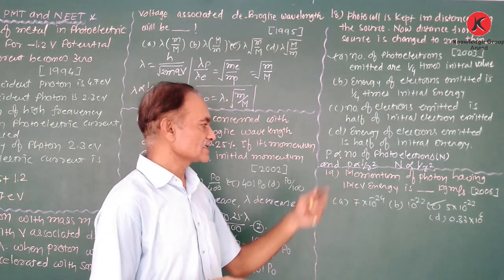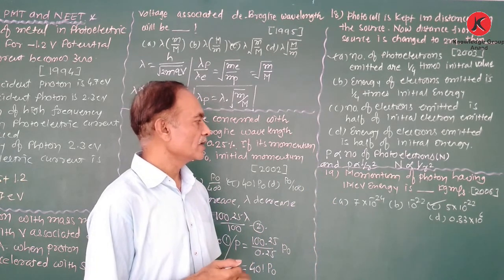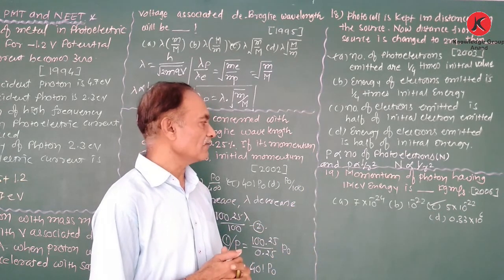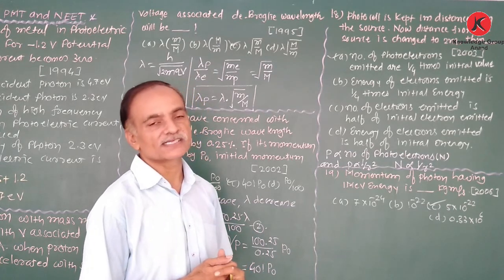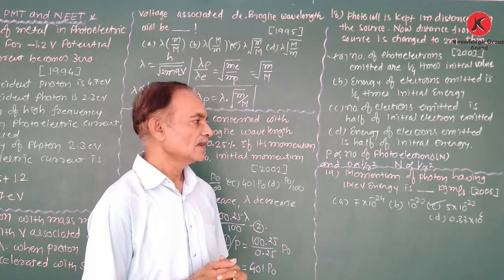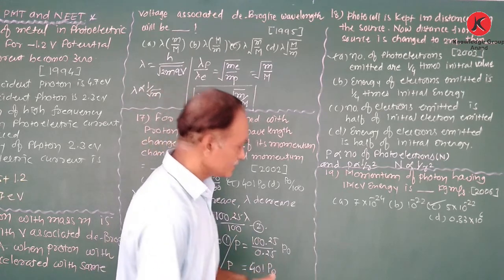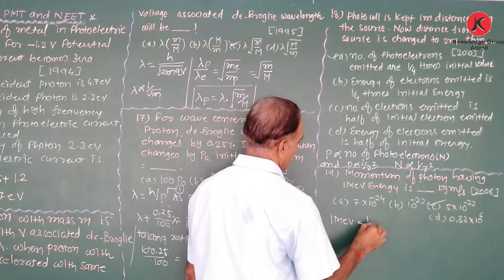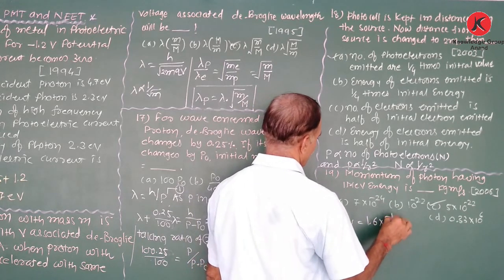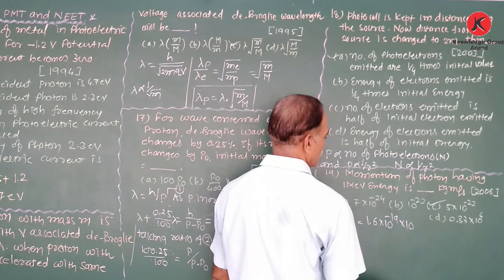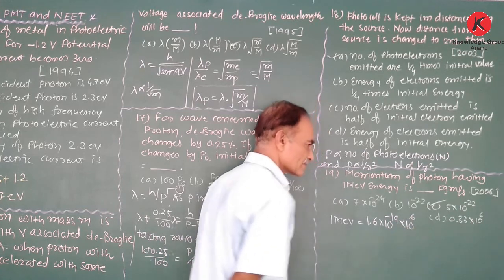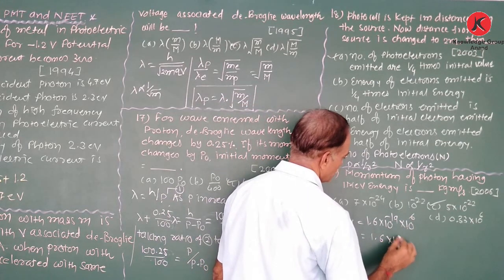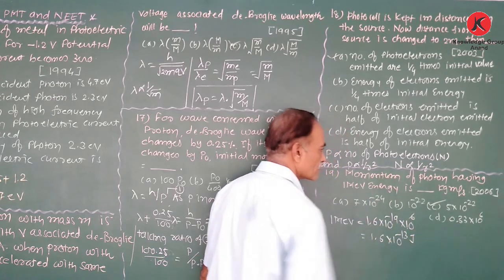Clear? Now next, the momentum of a photon having 1 MeV energy is how much in kg meter per second? Now we know that 1 MeV energy is equal to what? 1.6 into 10 to the power minus 19 into 10 to the power 6. Therefore, 1.6 into 10 to the power minus 13 joules.